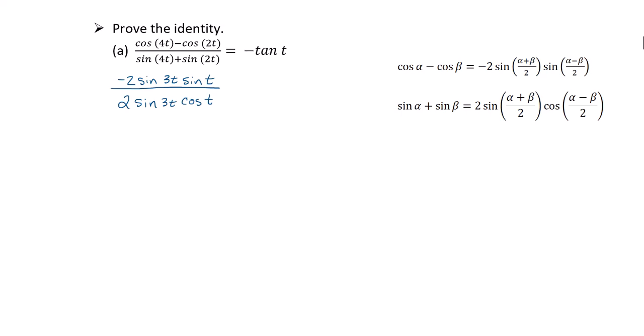And now we simplify from there. Our 2's get removed, our sine of 3t get removed, and I'll have the negative sine of t over the cosine of t, which is negative tangent t.